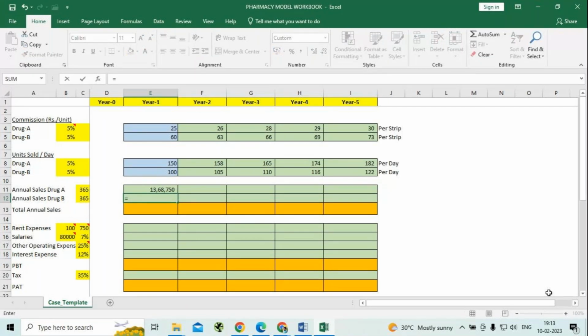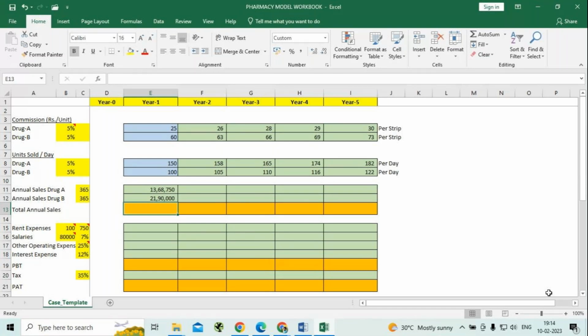Then drug B: commission into units sold into 365 days. So 21 lakh 90,000 is what you are going to earn. So this is year one, drug A and drug B sales.